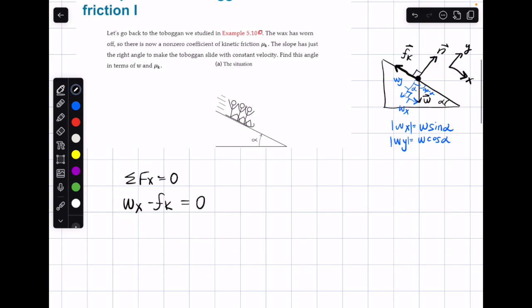And then if we add up all of the y's, we have the normal force pointing straight up. And then we have the component of the weight in the y pointing down. So our normal force now, again, is not equal to the weight.